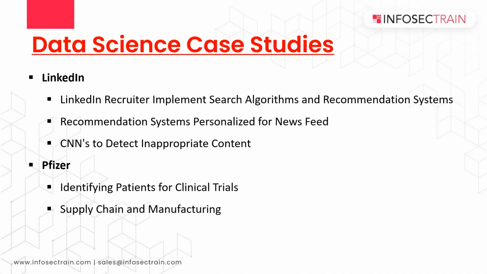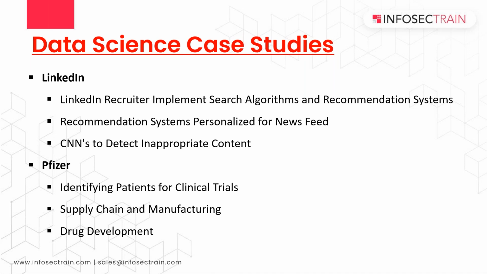Then in supply chain and manufacturing, they again implemented very different optimization techniques of data science, right? Those optimization techniques will definitely help in the supply chain and the manufacturing part. What about next?